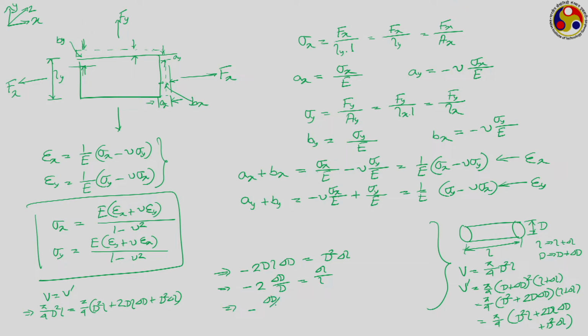Minus delta d upon d divided by delta L upon L, which as per our definition is the Poisson's ratio, is half or 0.5. This is the standard value of Poisson's ratio when there is no loss of volume, that is, when volume remains conserved. But practically the volume may not remain conserved even within the elastic limit, and Poisson's ratio typically takes a value around 0.3 only, which we shall be using in subsequent discussions.